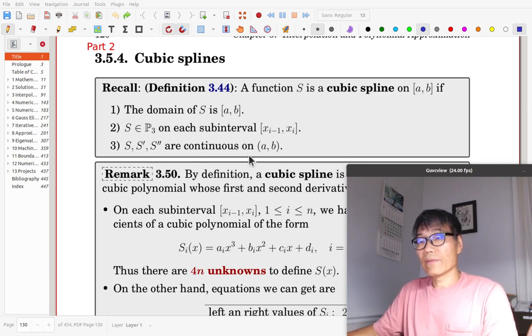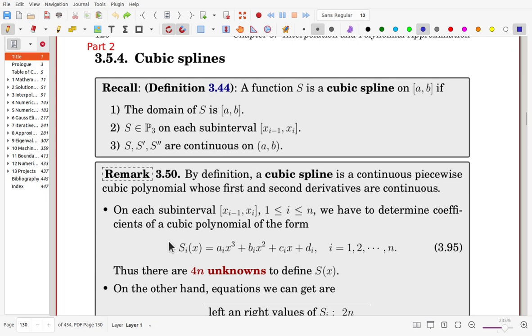The key idea for the construction of cubic splines is quite similar to that of quadratic splines. Let's see this remark. On each subinterval, we have to determine the coefficients of a cubic polynomial of this form.